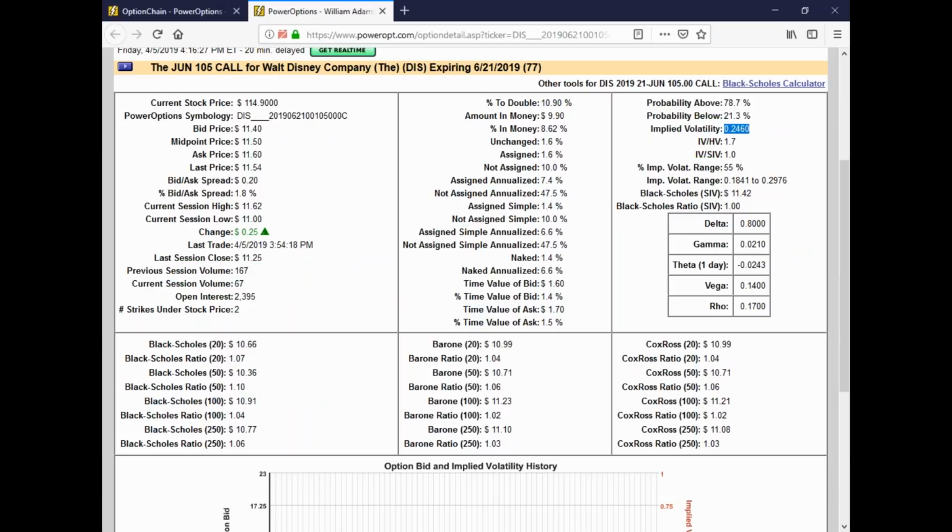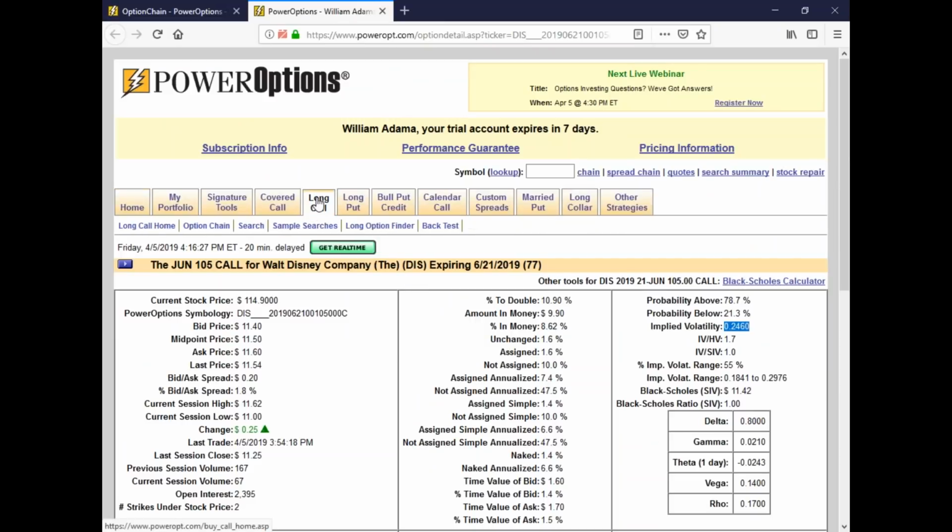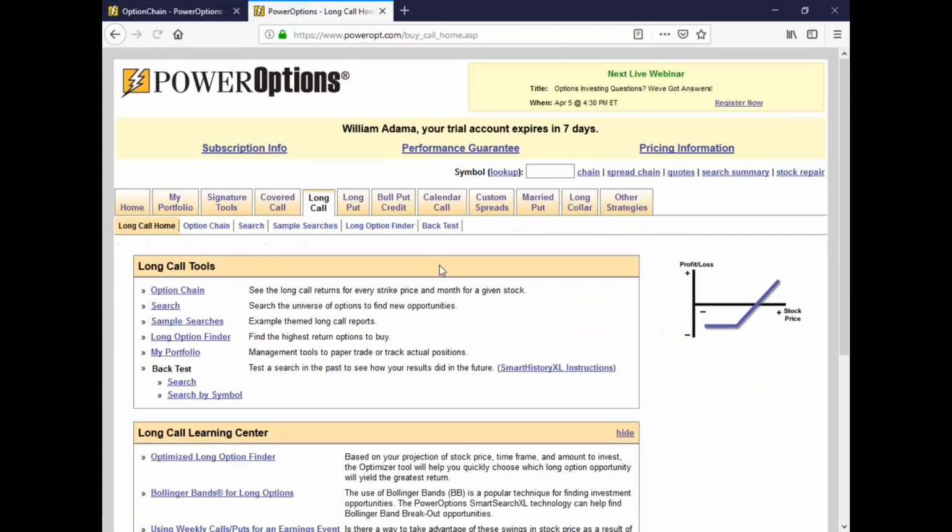Now that we've described that basic part, not basic, how do you use it? Well, very simple. In most of these single option strategies, long calls, long puts, covered calls, naked puts, and so forth, we'll just go into the search for long call, and in theory, what do I want?